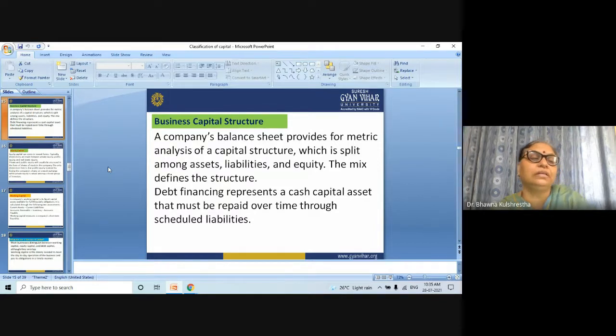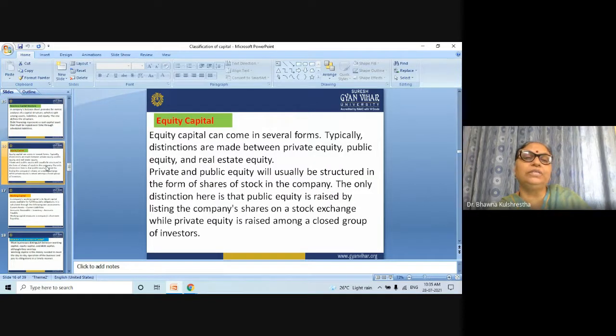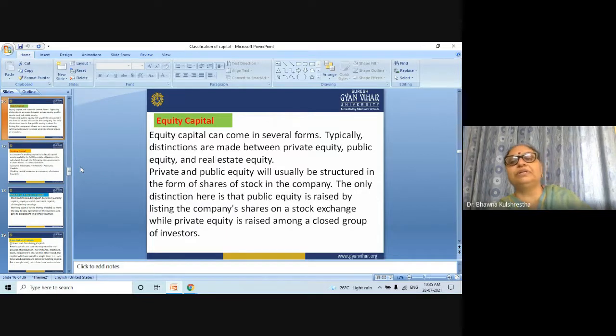And the next is equity capital. Equity capital can come in several forms. Typically, distinctions are made between private equity, public equity, and real estate equity.